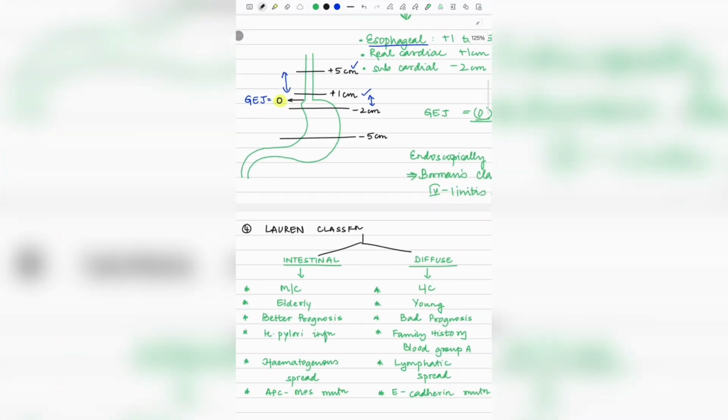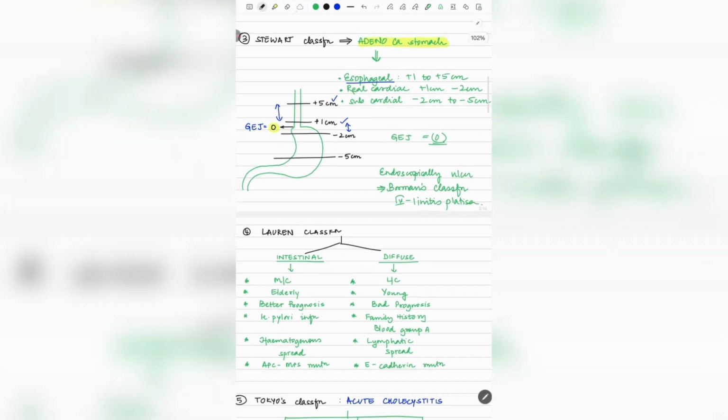Here please see it properly. What I have told you is +1 to +5. This range will be esophageal. Got it? The second one is in between, that is +1 to -1, that is real cardiac. If it is -2 to -5, it is subcardial. Got it? Take the gastroesophageal junction as the reference.